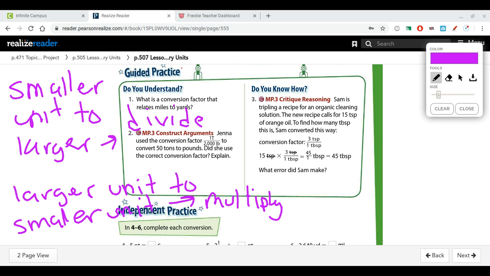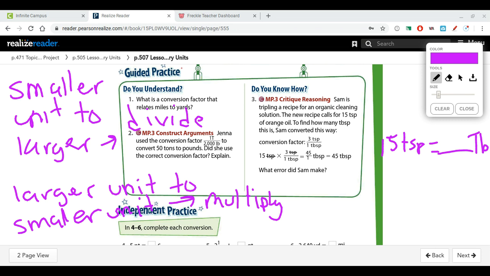Okay, so he's going from teaspoons to tablespoons. He's got 15 teaspoons, and I want to know how many tablespoons that's equal to. I'm going from a smaller unit of measurement to a larger unit of measurement. So I'm going to multiply. And we talked about that when I multiply, I need to make sure that I flip-flop these, okay?